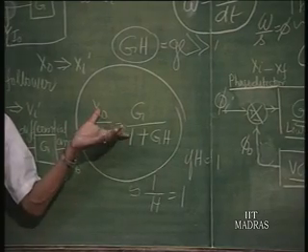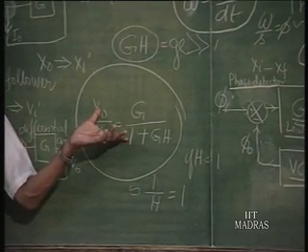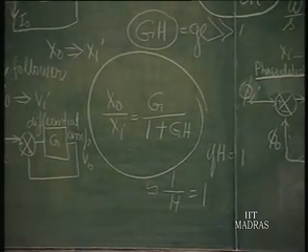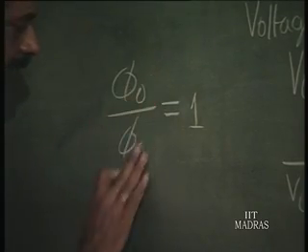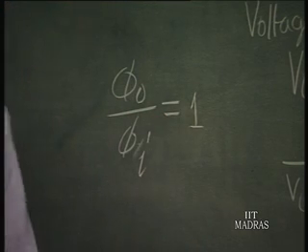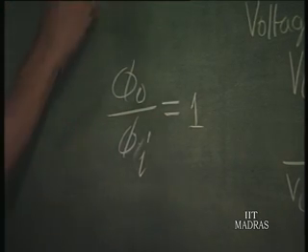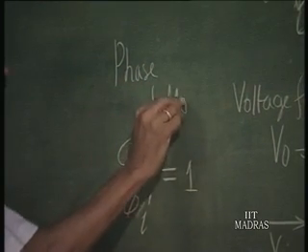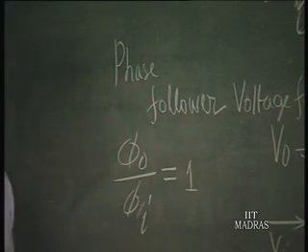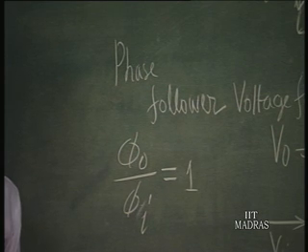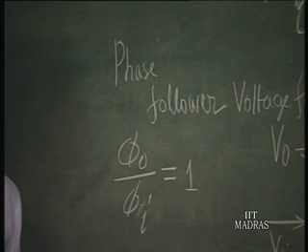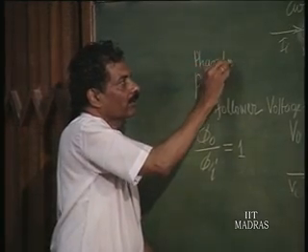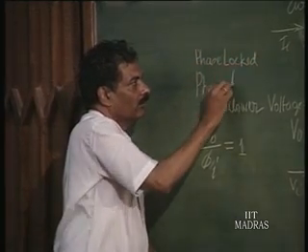It is immaterial what the variables are. In this case, phi naught by phi I is equal to 1. So, we can call this a phase follower, or as it is popularly called, a phase locked loop.